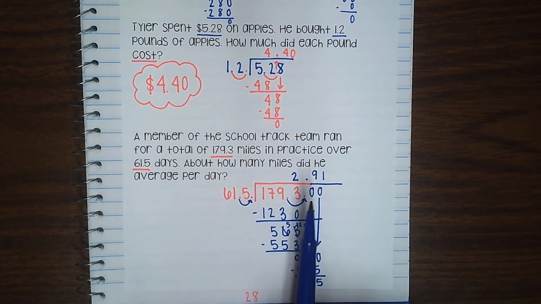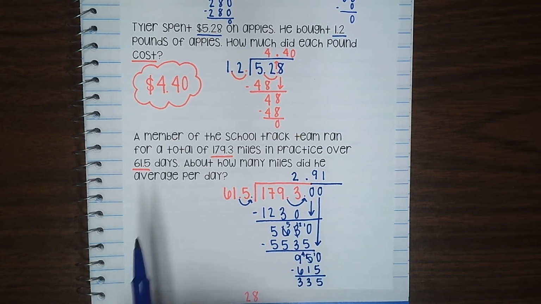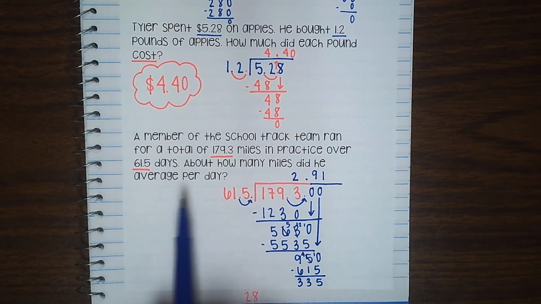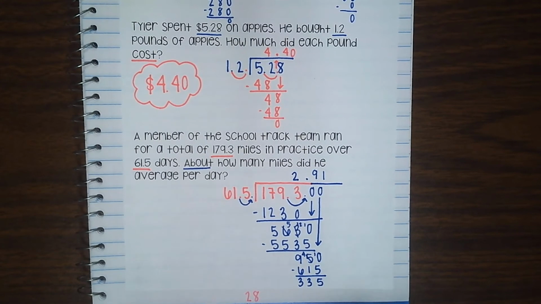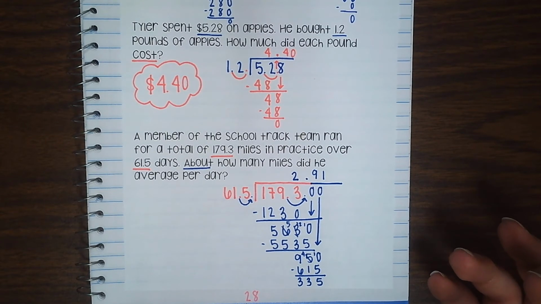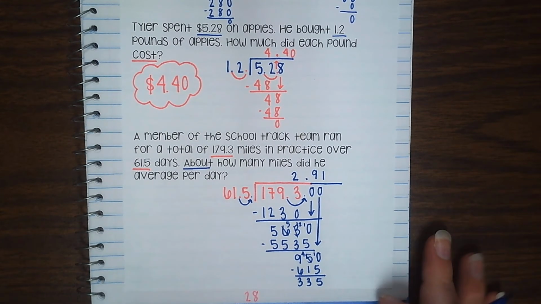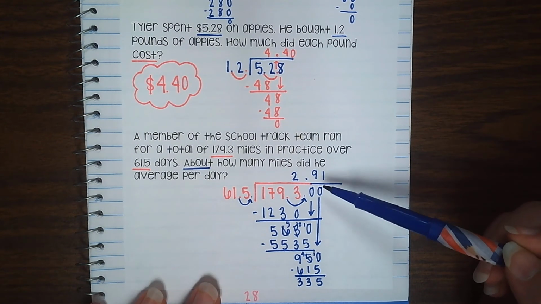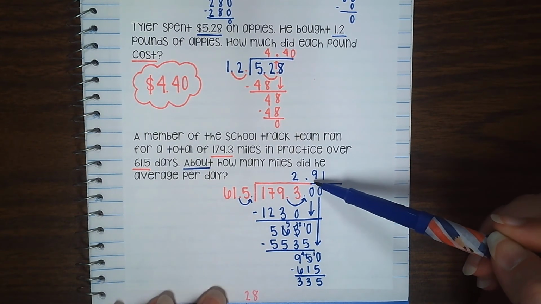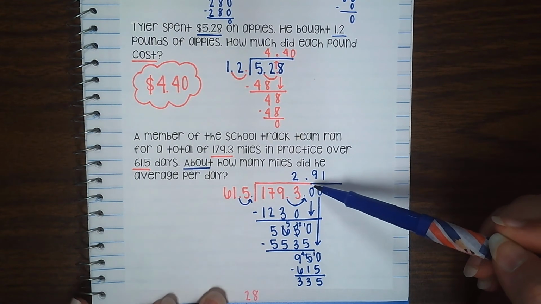So I'm going to stop us right here. Because it says about how many miles did he average per day. This word about tells me that I could round. So if I'm going to round, let's just go ahead, since we've got it to the hundredths place, round to the nearest tenths, because that's what we need.